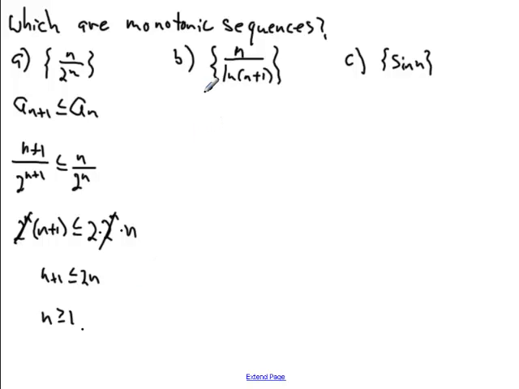Now, for the next one, we can use a different approach. We can show that the function f(x) = x over ln(x+1) has a positive derivative.